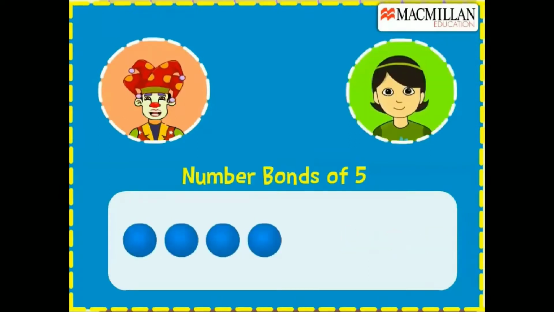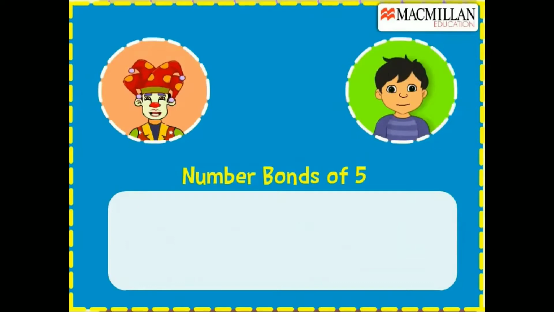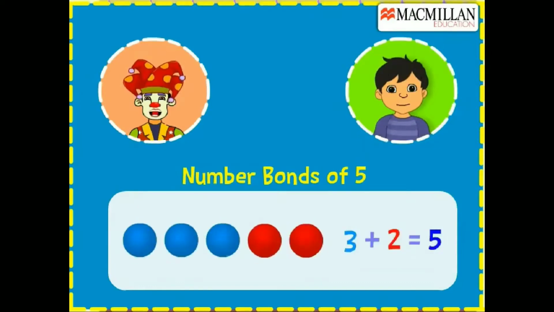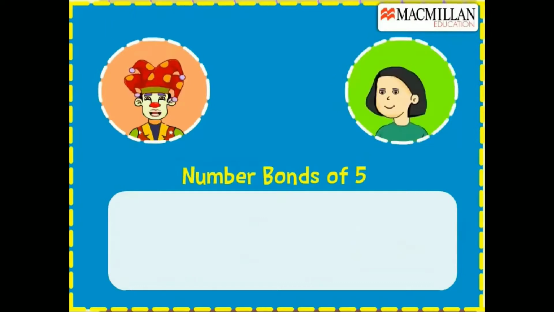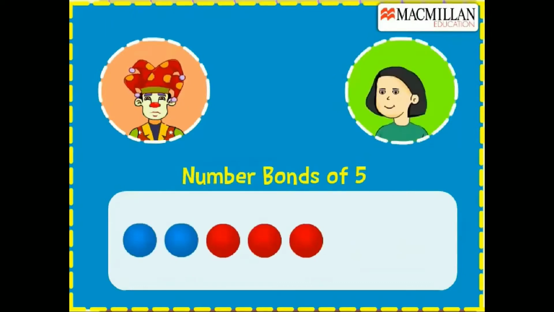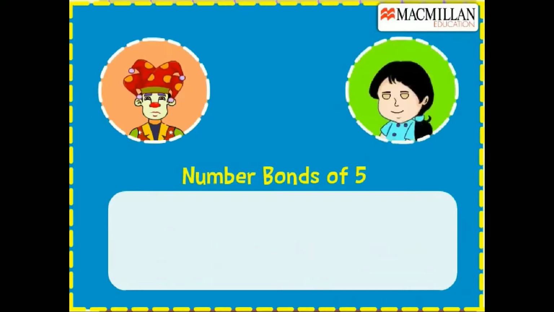You have 4 blue and 1 red ball. That means we can add 4 blue balls with 1 red ball to get 5 balls. Hey, you have 3 blue and 2 red balls. We can add 3 blue balls with 2 red balls to get 5 balls. This kid has 2 blue and 3 red balls. That means add 2 blue balls with 3 red balls to get 5 balls.